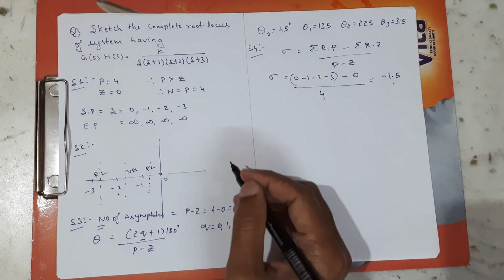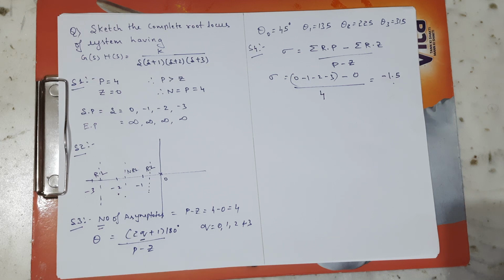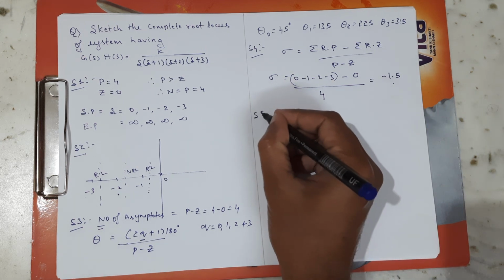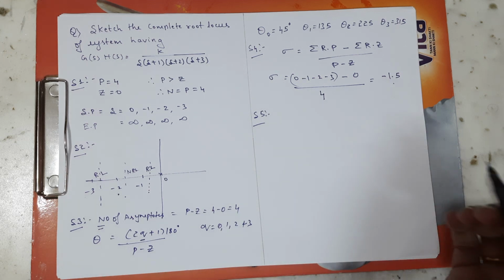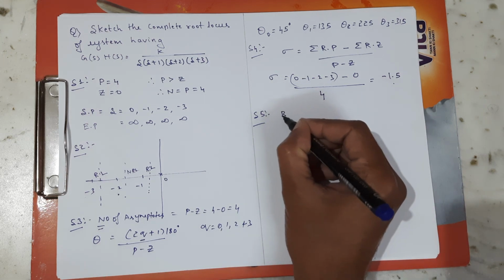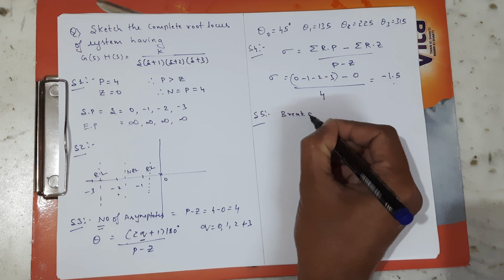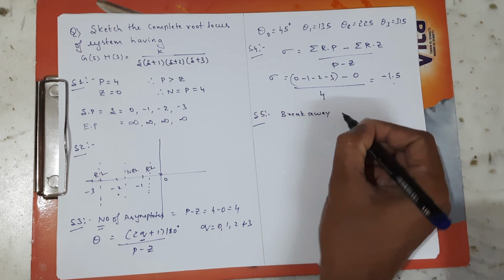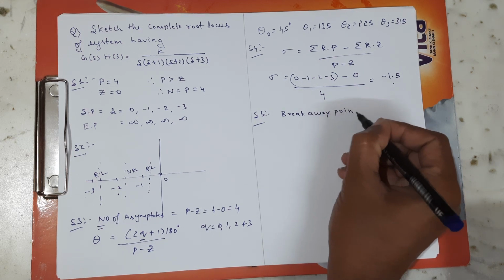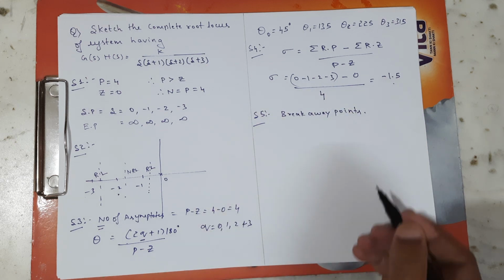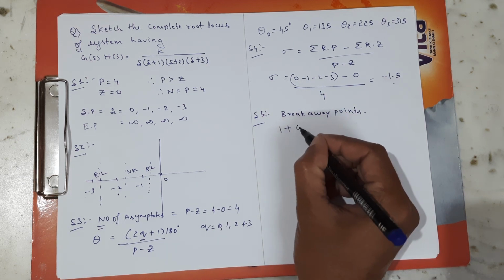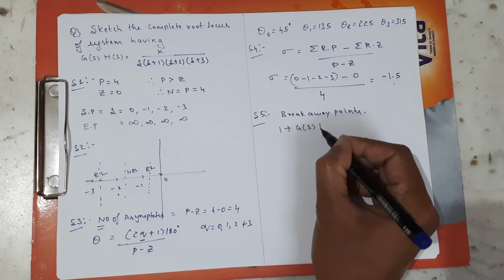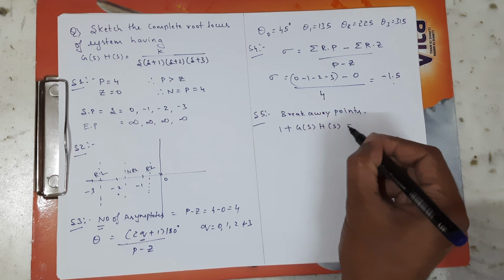Okay, next, step number 5, to calculate breakaway points or break-in points. How to do it? For that we need to consider the characteristic equation 1 plus g of s into h of s is equal to 0.